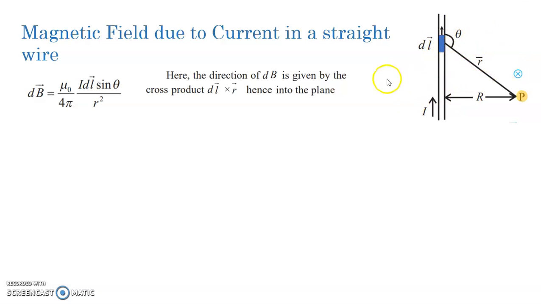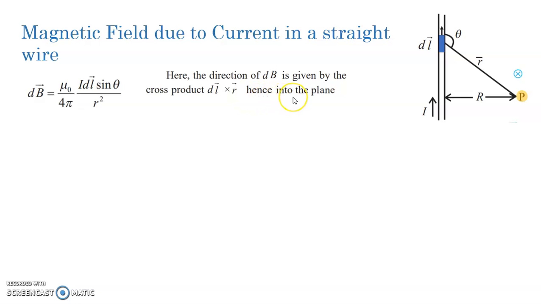Then, according to Biot Savart law, the magnetic field produced by the length element dl of the wire at point P is given as dB is equal to mu naught divided by 4 pi I dl sin theta divided by r square. Here the direction of dB bar is given by cross product dl bar cross r bar.